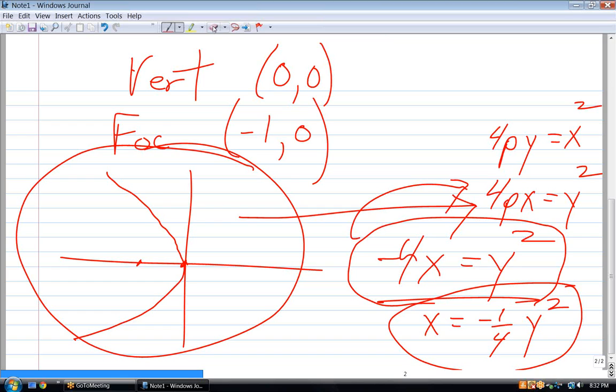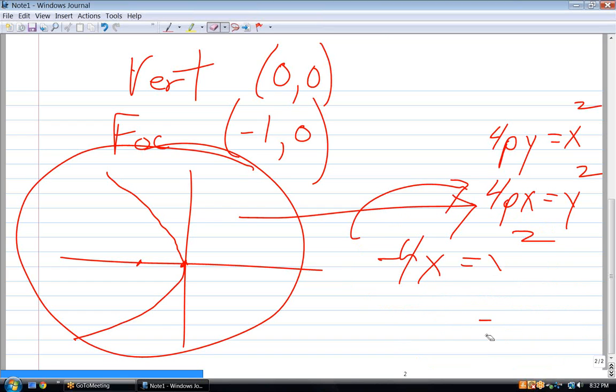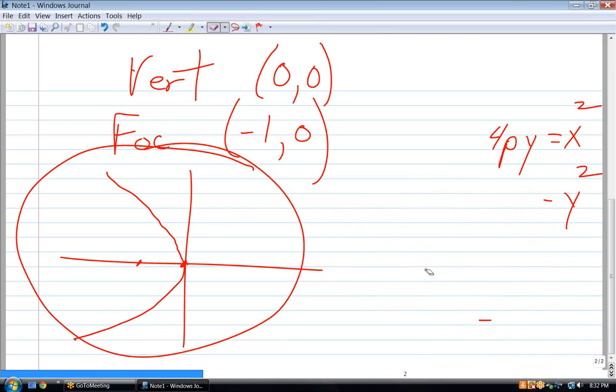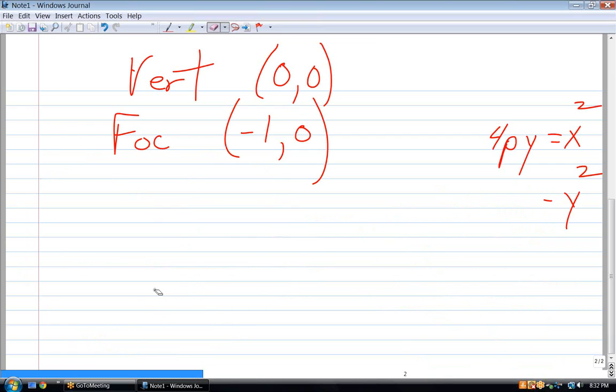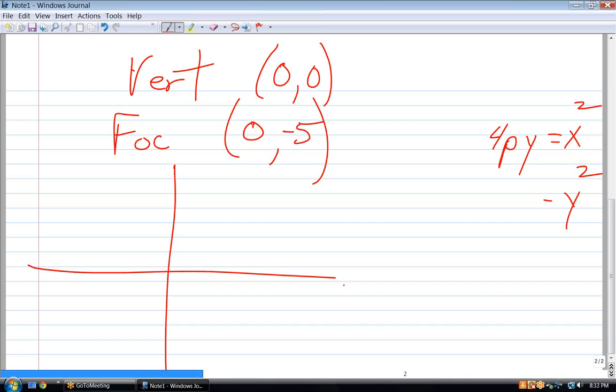Okay, you got another one? Same problem, but focus is at 0, -5. What kind of parabola is this? Here's the vertex. Here's the focus. What kind of parabola? Vertical, horizontal, up or down? Vertical.